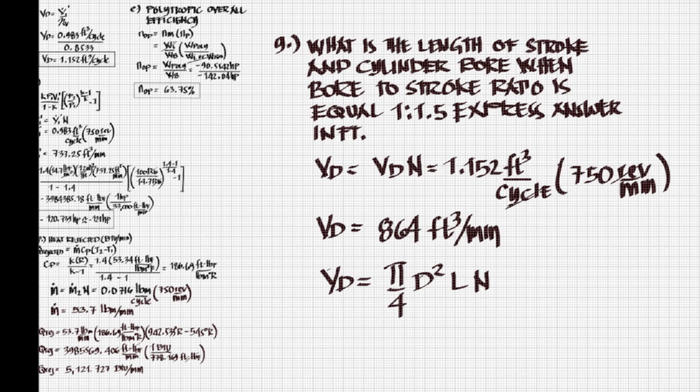We can express the ratio, which, as the problem says, is the bore to stroke ratio, no? So if you express that in an equation, the bore will be D over L. So that is bore over stroke, which is why it is called the bore to stroke ratio, and this is equal to the value of 1 over 1.5.